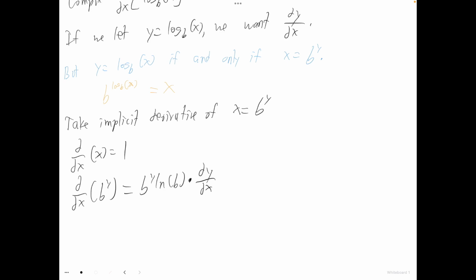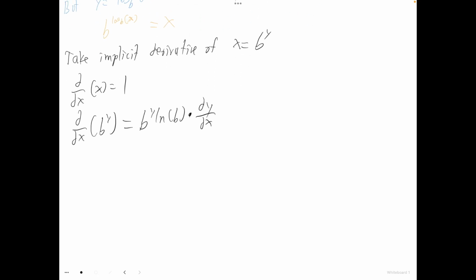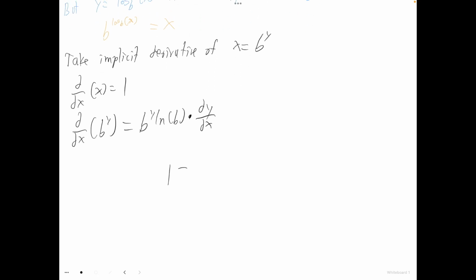Our outer function was b to the x, and the inner function is y. We set these equal to each other, so we've got 1 equals b to the y ln of b dy over dx. Dividing, we get 1 over b to the y ln of b equals dy over dx.